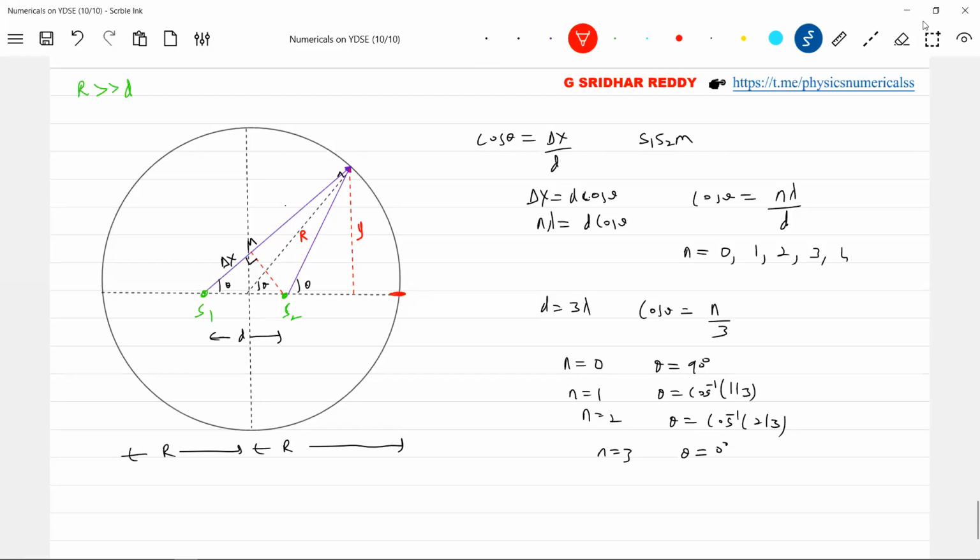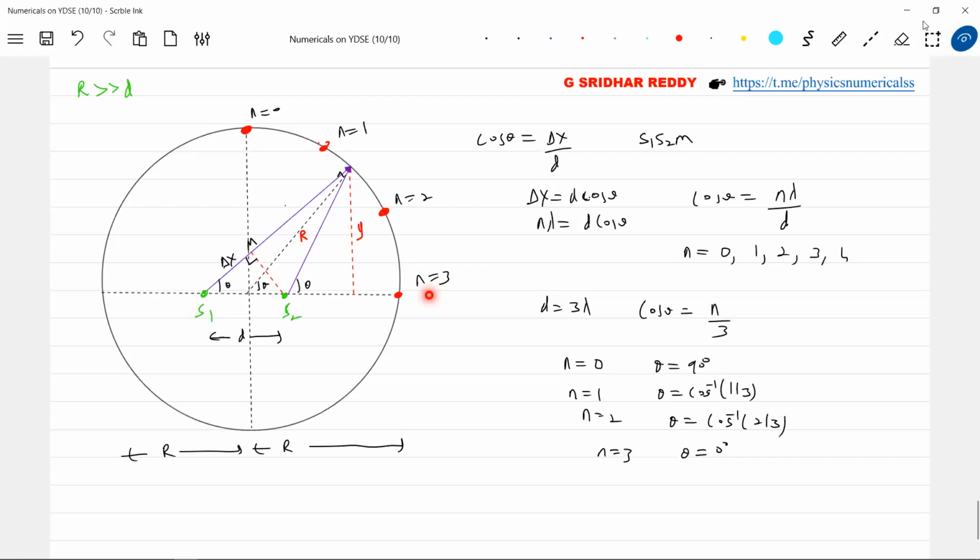This is one maxima. Don't put fringes; better to show dots like this. This is one maxima. Here is one maxima, at cos inverse of 1 by 3. Here one maxima, here one maxima. The order should be n equal to 0, n equal to 1, n equal to 2, n equal to 3.